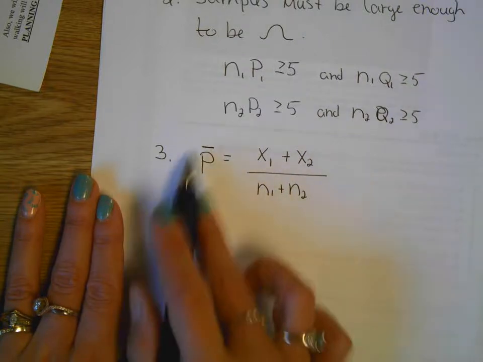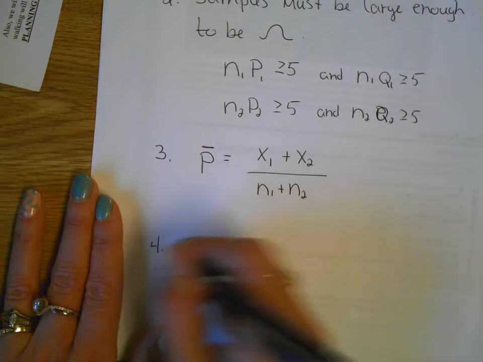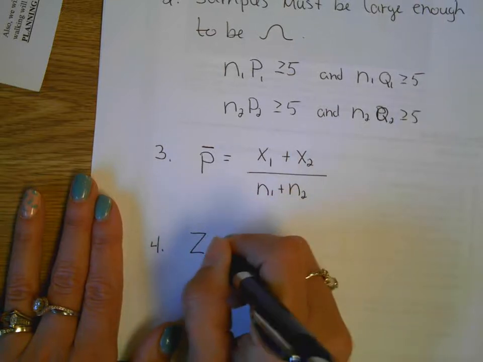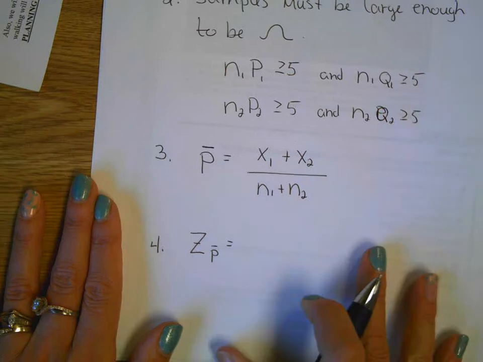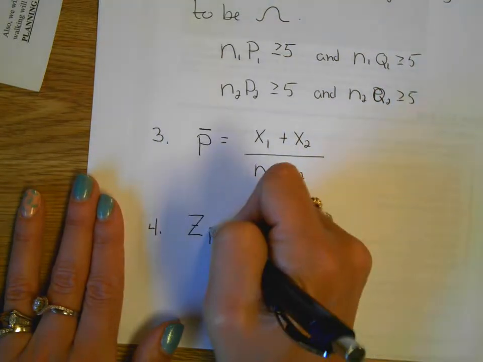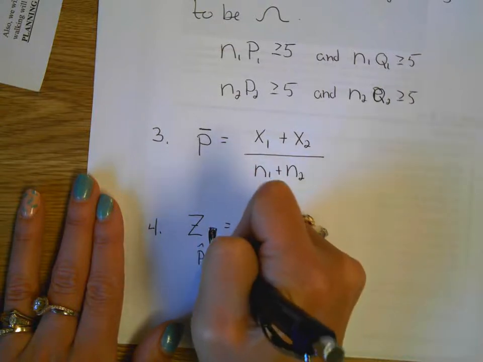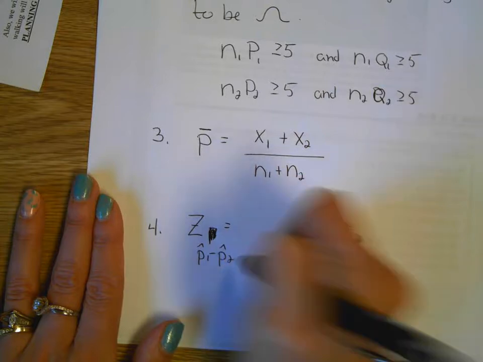And then we've got to turn this into a z-score. So the z-score for P bar, not P bar, I lied. Not for P bar, it's for P hat 1 minus P hat 2.